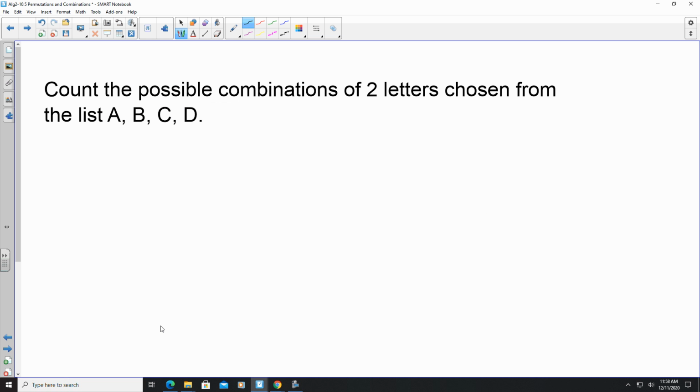Here it says list the possible combinations of two letters chosen from the list A, B, and C. Since it's two, it's a combination where I have 1, 2, 3, 4 and I arrange them in two different ways. So it's going to be 4 factorial on the top divided by 4 minus 2, which is 2 factorial, and then r is 2, so it's 2 factorial.